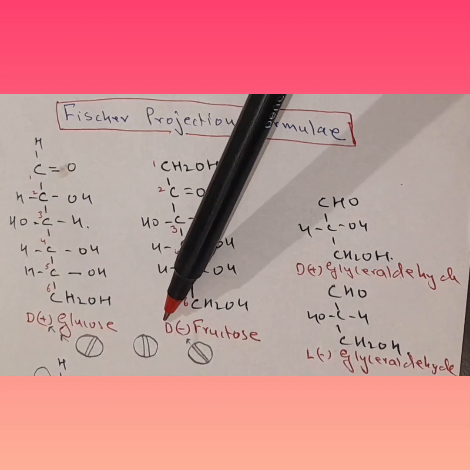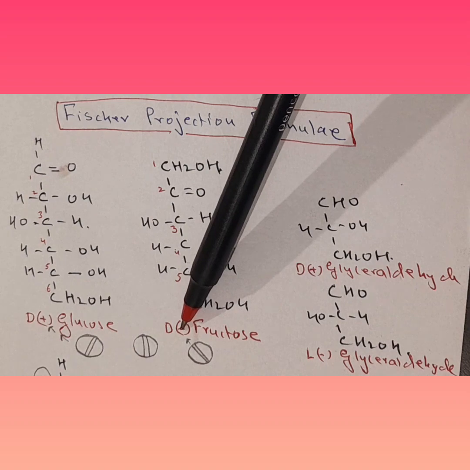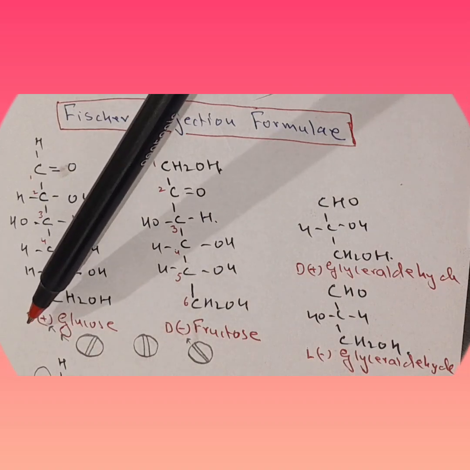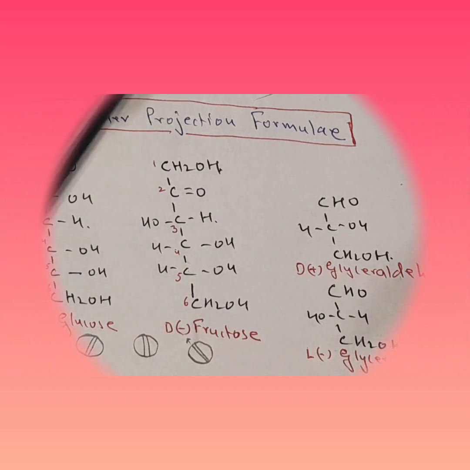This is D as per glyceraldehyde configuration, but negative as per optical rotation. So there's no rule as such that if D, it has to be positive. Both are independent of each other.